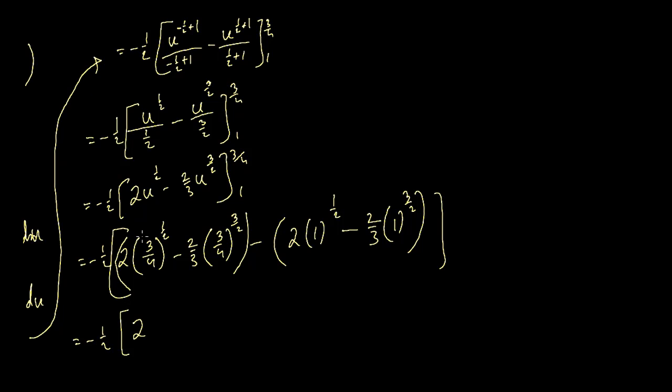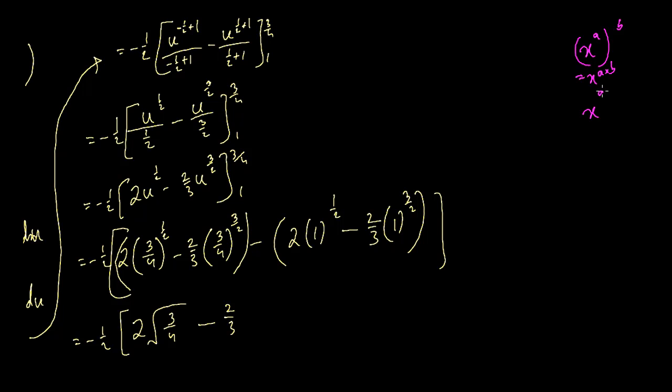So 2, now half means square root, so this means square root of 3 by 4 minus 2 by 3. Now 3 by 2 means whole cube. This is the indices rule. So x to the power a to the power b means x to the power a into b.